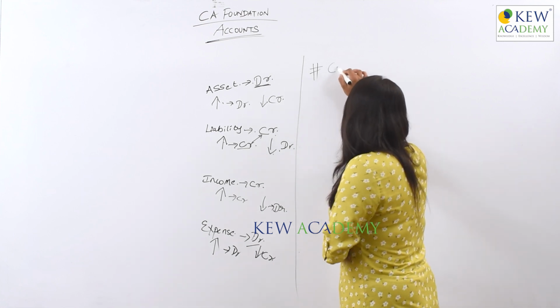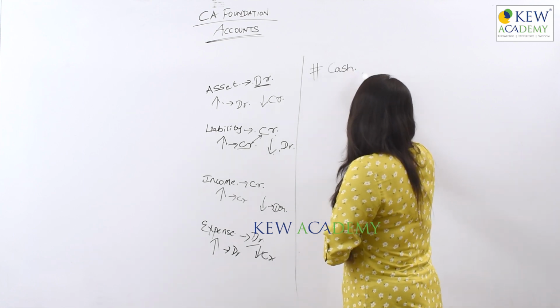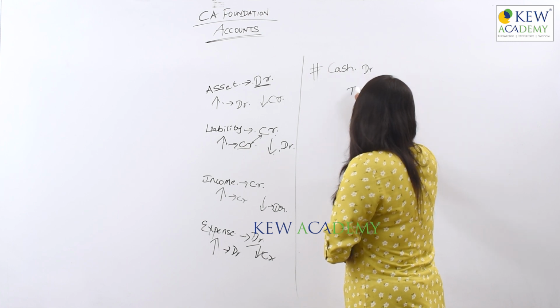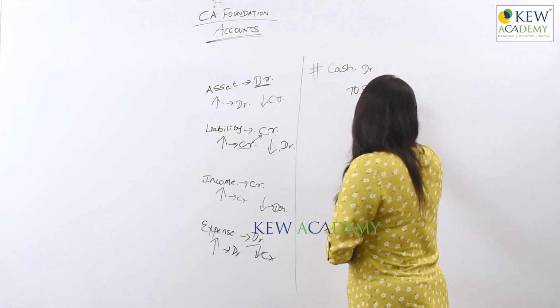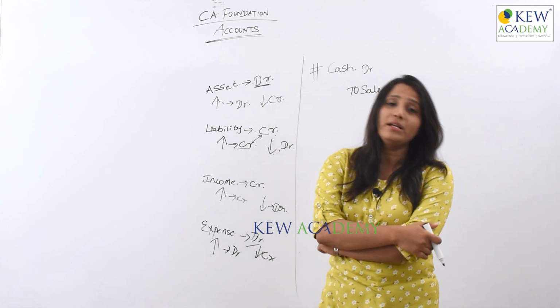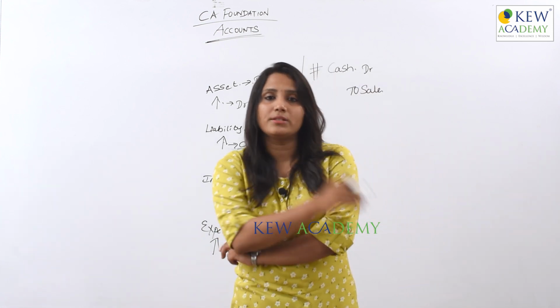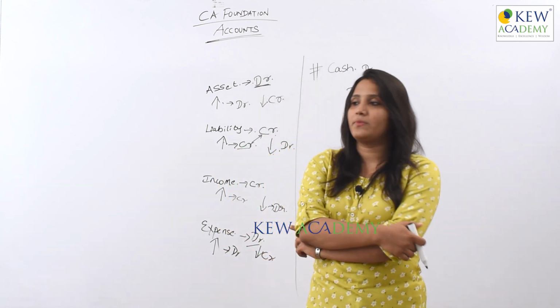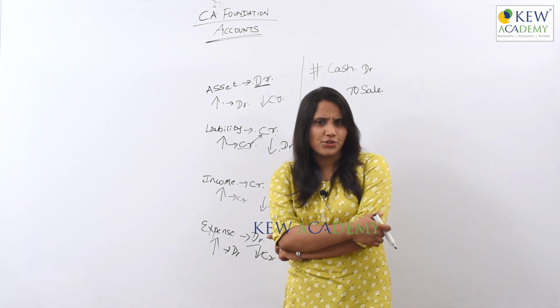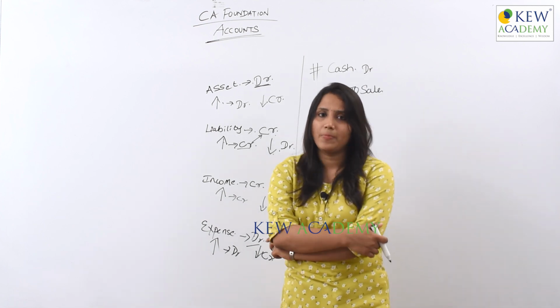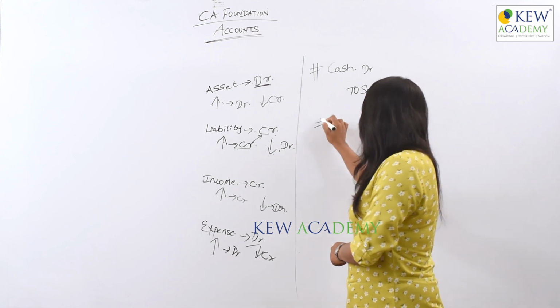Okay, we'll pass the entry cash account debit to sales account. You are telling you will pass cash to sales. Am I correct? But I'm not selling for cash. I'm not receiving the money. Then what entry will you pass?